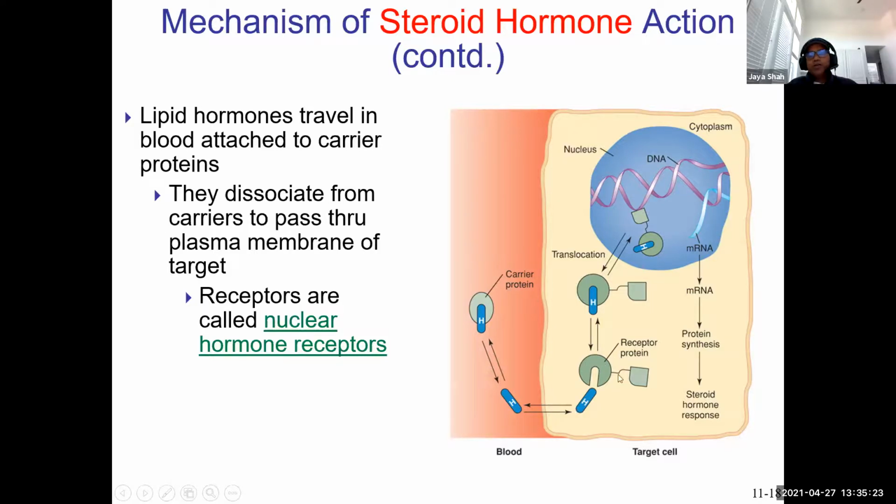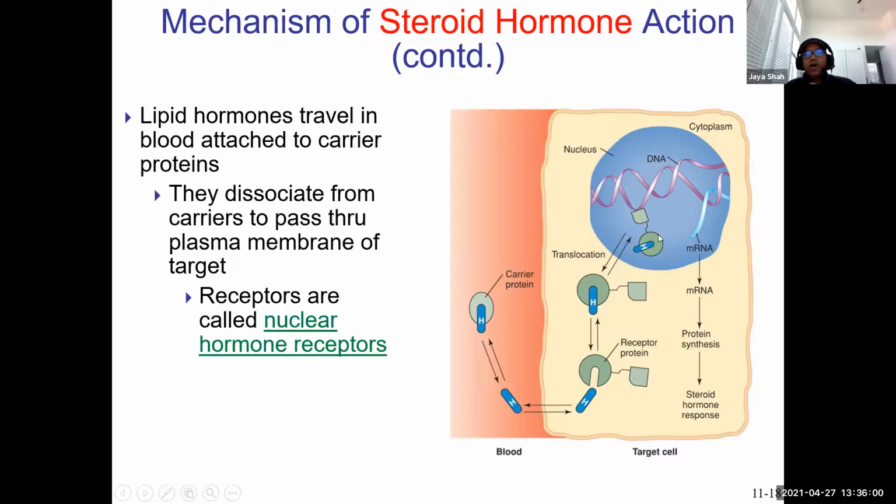Now this nuclear hormone receptor, binding with the hormone, translocates the hormone towards the nucleus, and then inside the nucleoplasm through the nuclear pore. And you see the nuclear hormone receptor has two domains. One side is the hormone binding domain, and this side is the DNA binding domain.